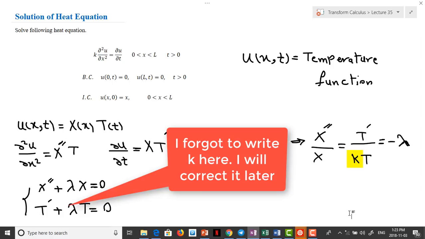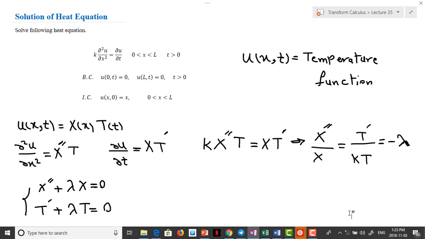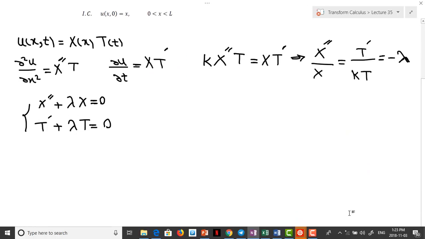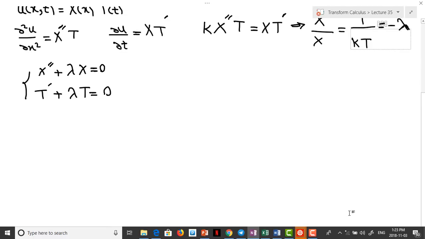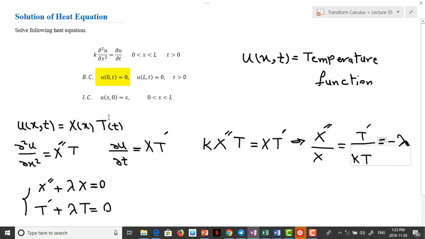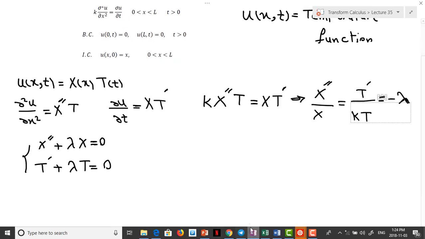The second step, we have to go through the boundary conditions and we have to find boundary conditions for the ordinary differential equations. The first boundary condition that we have here says that u of 0 and t is equal to 0.